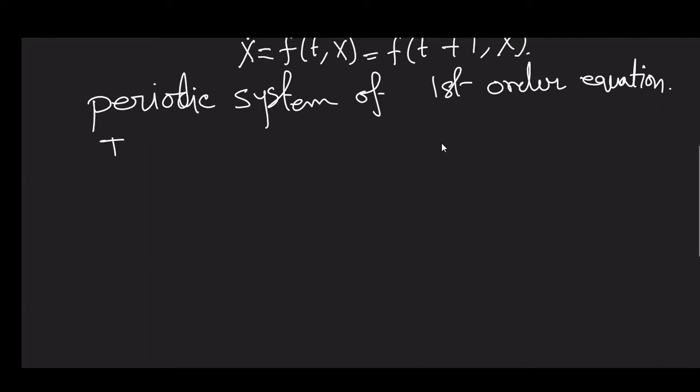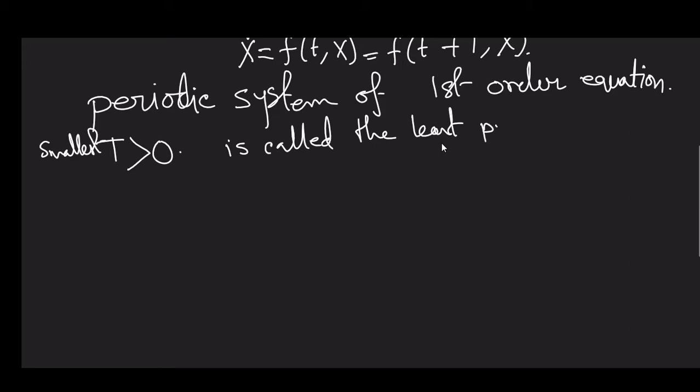The smallest such T greater than 0 for which this equation holds good is called the least period.